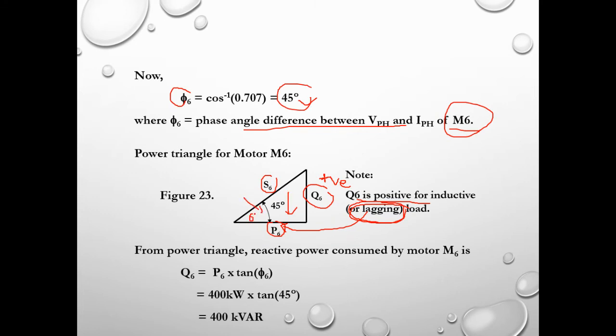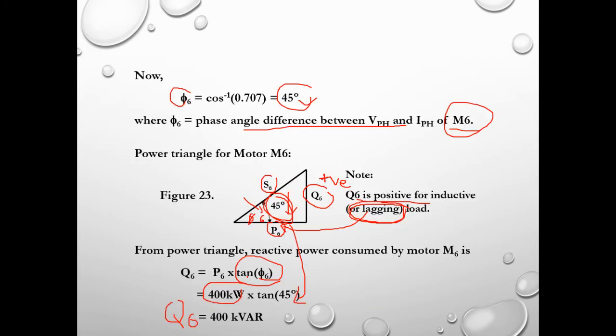The relationship for this power triangle in terms of tangent theta 6: Q6 equals P6 multiplied by tangent theta 6. Substitute 400 kilowatt from the question and tangent 45, and finally we get the value of Q6, which is the reactive power consumed by the motor.